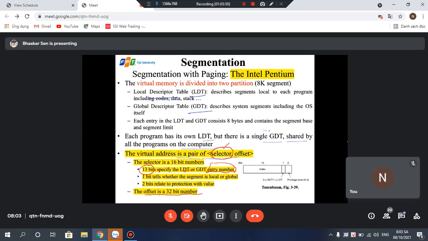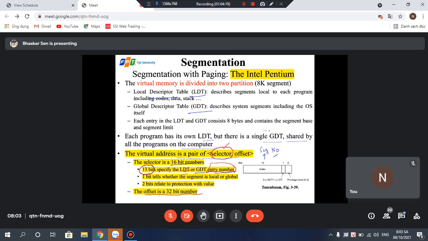The selector is a 16-bit number. The first 13 bits are basically the segment number, specifying the LDT or the GDT entry number, which is doing the same job as the segment number we already learned. That will point at its entry.